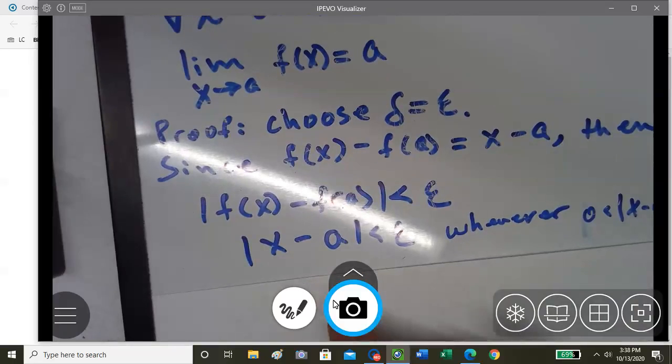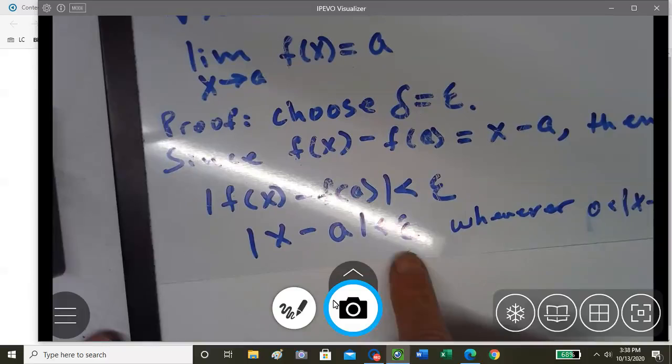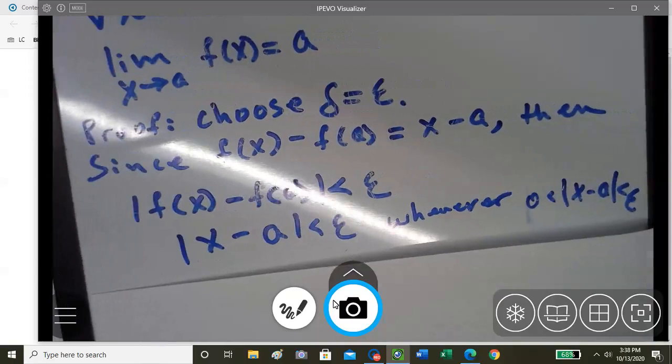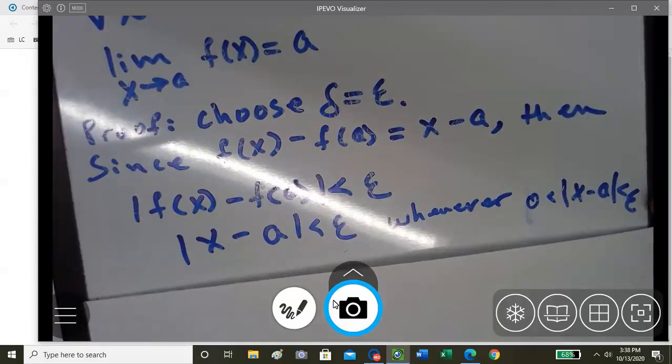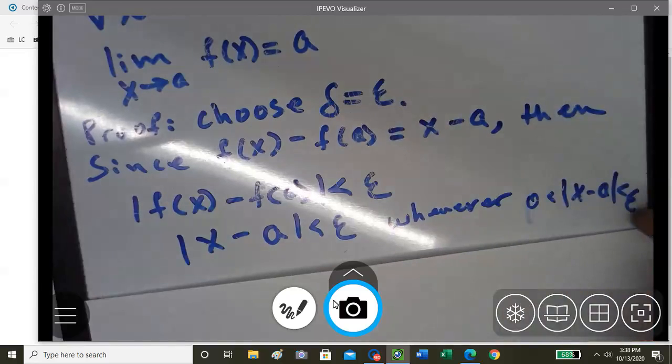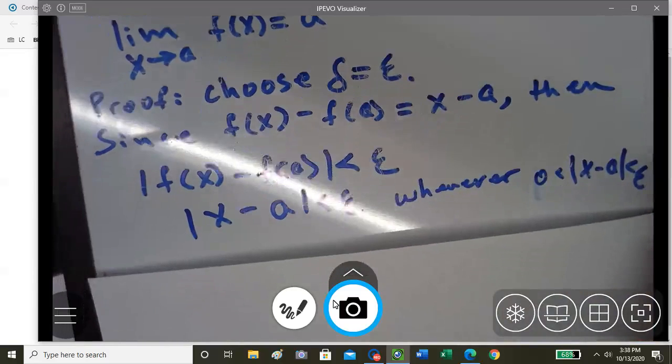And so x minus a is less than epsilon whenever x minus a is greater than 0 but less than delta, and we already said that delta and epsilon are equal, so we substituted epsilon in for delta.